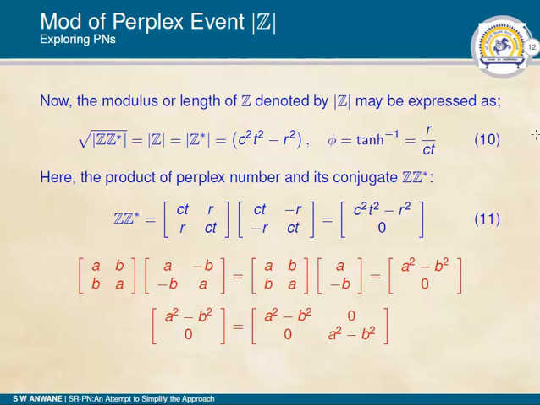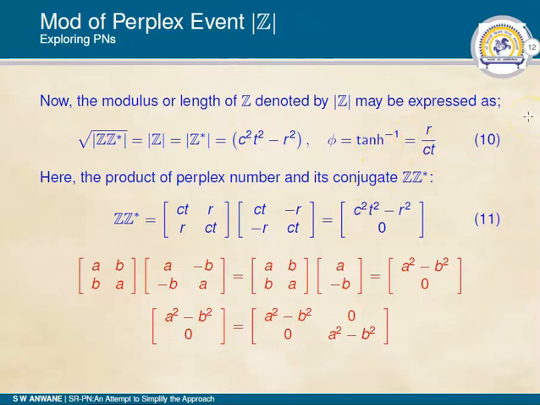So here we are just finding the determinant of mod Z, and the listener may verify that it bears the identity expressed in equation number 10, and phi is equal to tanh inverse of the y component upon the x component, that is r upon ct. Here the equal to sign is by mistake.